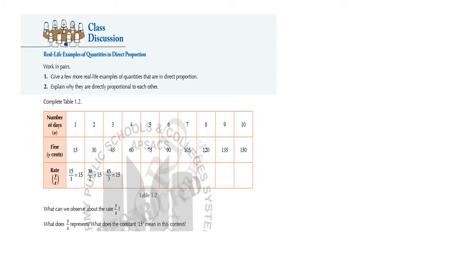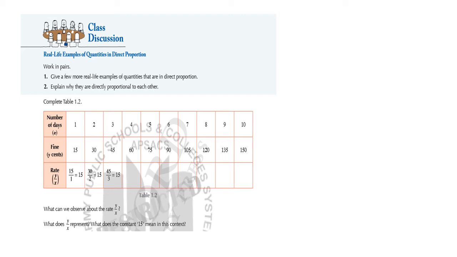Now if the number of days the book is overdue is halved, for example 6, if we halve 6, our answer will be 3. 6 days has a fine of 90, and if we halve 90, the fine is 45. So yes, the answer to the fourth question is that the fine is also halved.